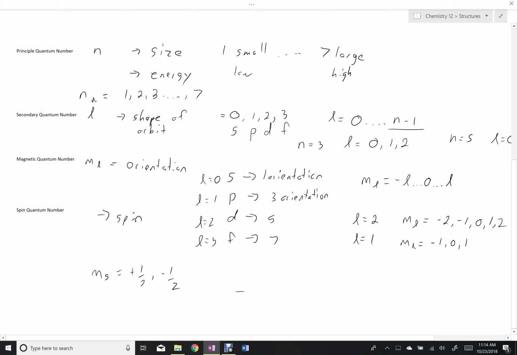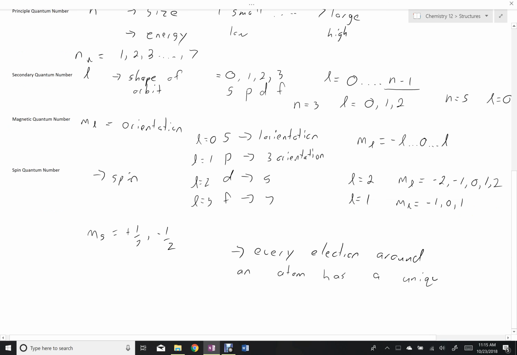And that way, every electron around an atom will have a unique set of quantum numbers.